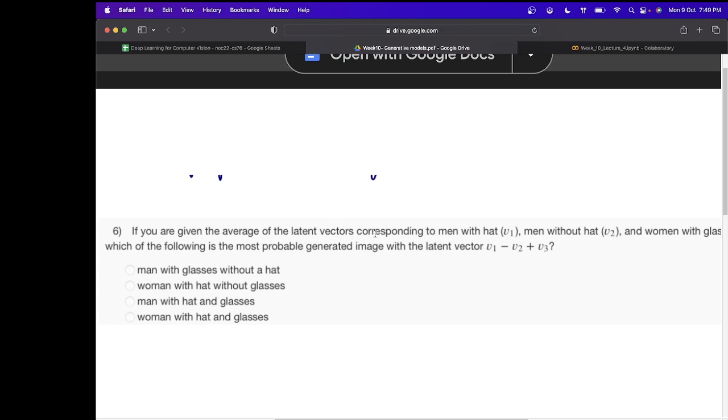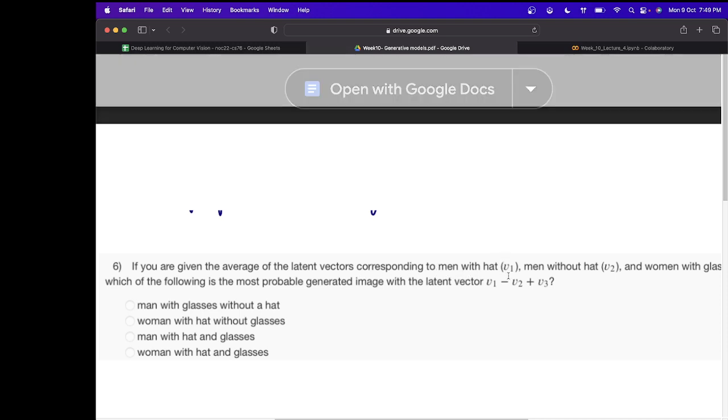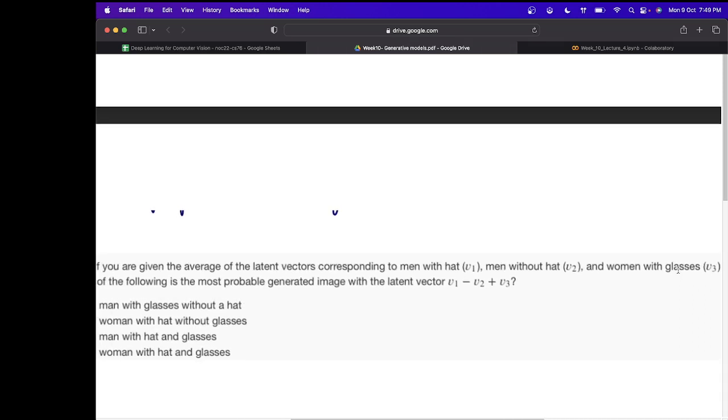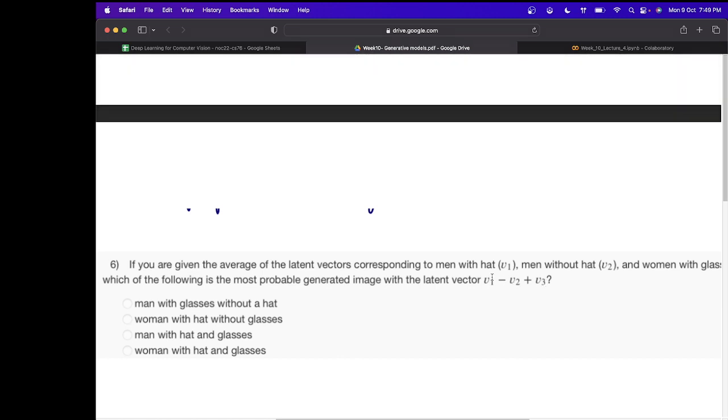One of the latent vectors corresponds to men with hat, and that is given as V1. Then there's another set of latent vectors that corresponds to men without hat, the approximate latent vector for men without hat, given by V2, and then women with glasses is given by V3. Now, which of the following is the most probable generated image with the latent vector V1 minus V2 plus V3?